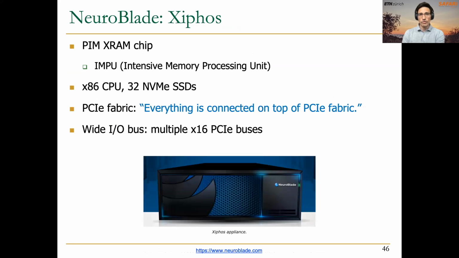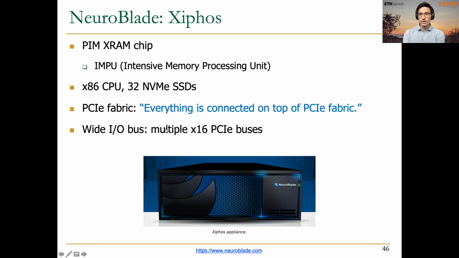As far as I could find on their website, they are commercializing this Xiphos appliance. It contains an x86 CPU and also SSDs, but more importantly, it has their PIM chips. I assume that they have memory arrays and also processing elements that they call intensive memory processing units.